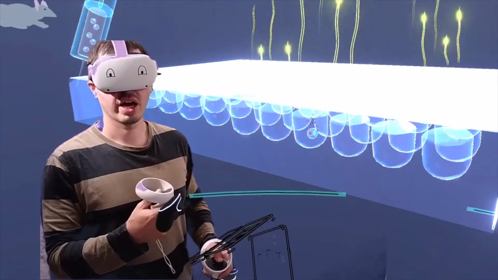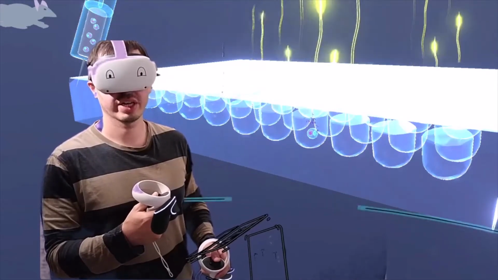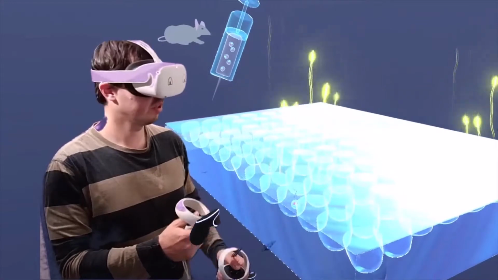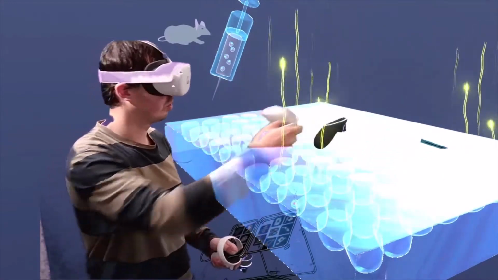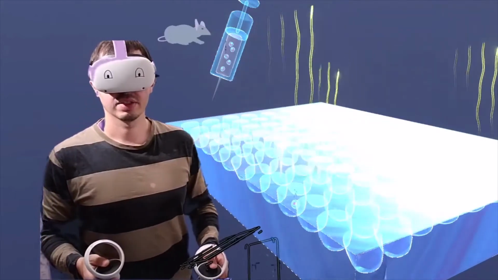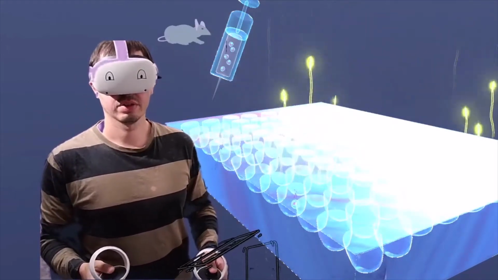So now I know where to find my antigen-reactive cells. There's a few of them. Here I drew 1, 2, 3 cells. I have 3 candidates for my therapeutic purpose.